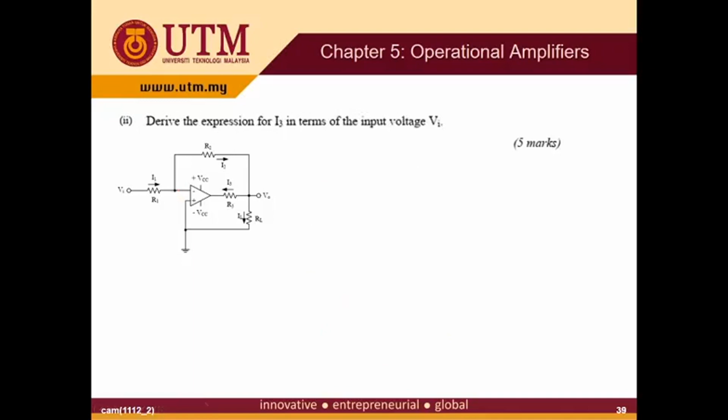So next, derive the expression of I3, in terms of the input voltage Vi. The relevant node is here, so you do the KCL. I2 is entering, so plus I2.